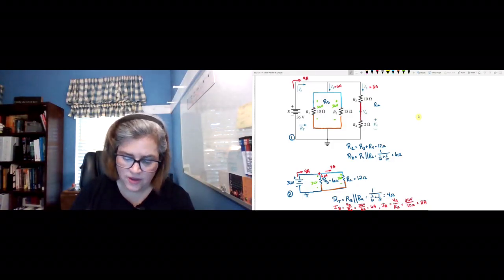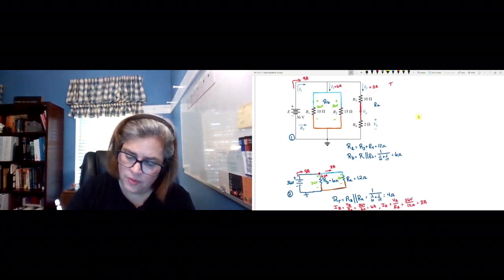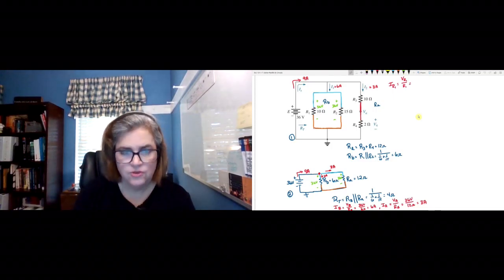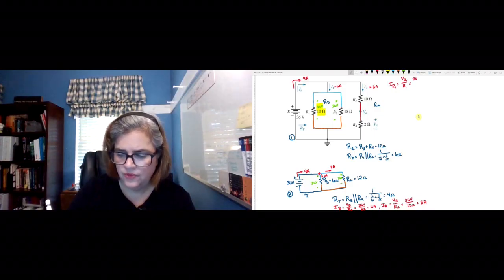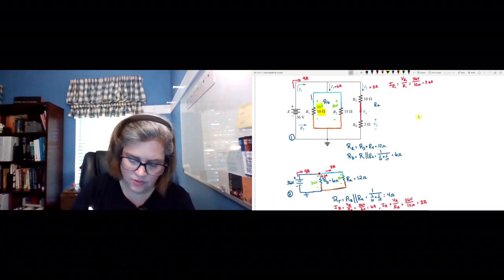So how do we find the current through R1 and the current through R2? Remember, the current through R1 is just the voltage drop across R1 divided by R1. So the voltage drop across R1 is 36 volts, and the resistance is 10. So 36 volts divided by 10 is 3.6 amps. Okay, so that means we've got 3.6 amps of current here.